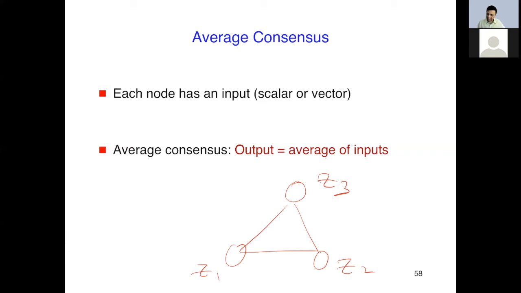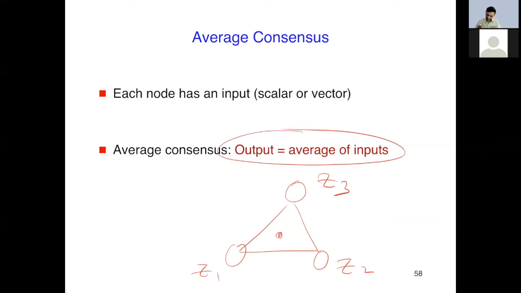That's the input for the algorithm from each node, but you can interpret that as a vector that specifies the coordinate of each of these nodes, agents in this example with 3 agents. And what I want to compute is the average of Z1, Z2, Z3, which may be somewhere here. That's the goal. That's the output of an average consensus algorithm.